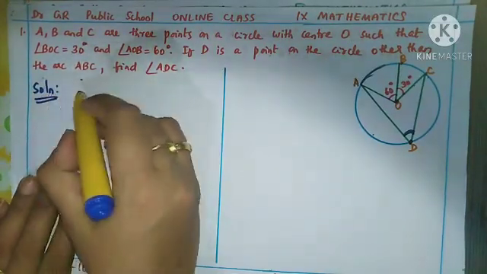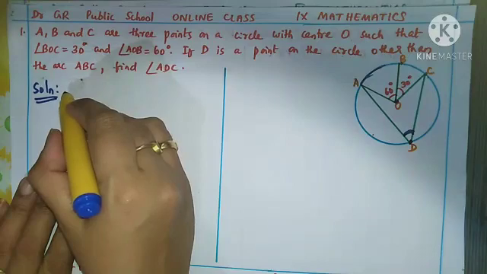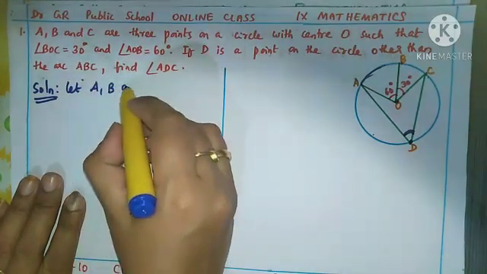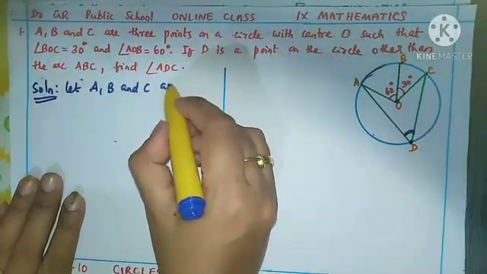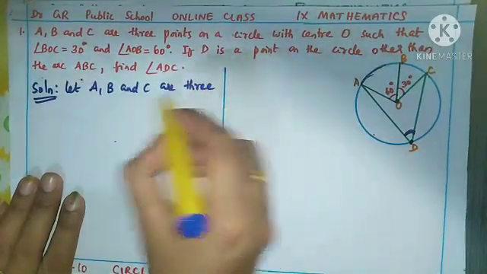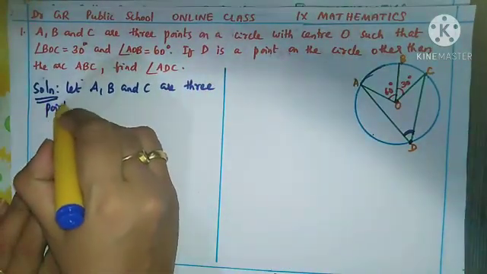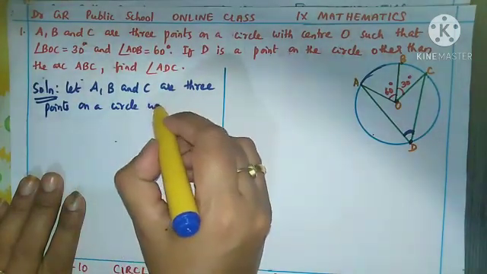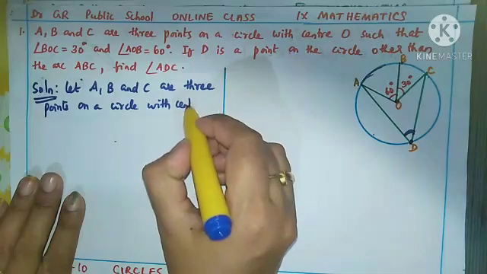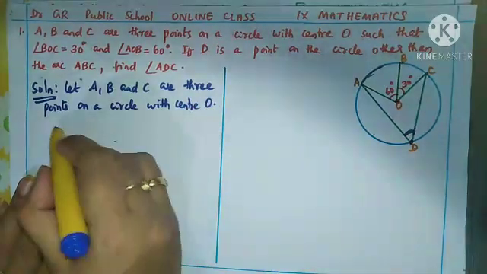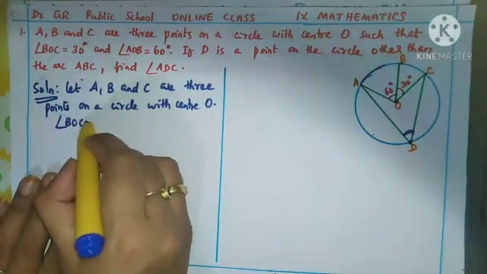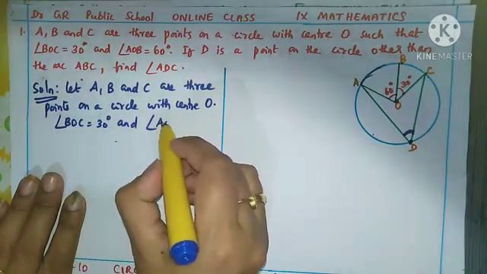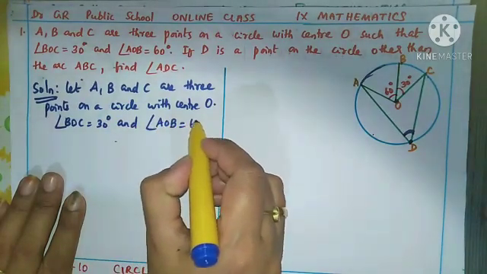Solution. What is given? Let A, B and C are 3 points on a circle with the center O. Angle BOC is given 30 degrees and angle AOB is given 60 degrees.